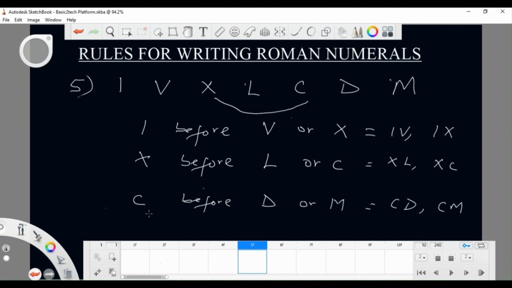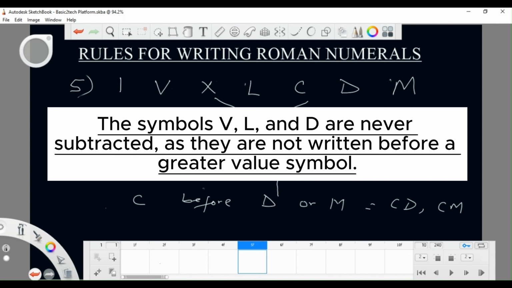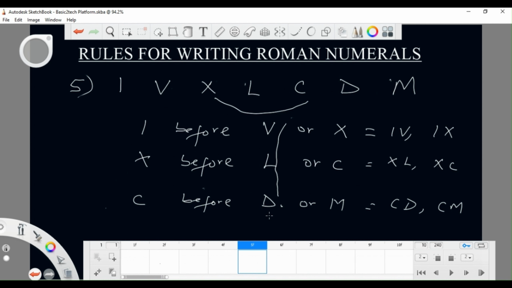So the symbols V, L, D are never subtracted, as they are not written before a greater value symbol.